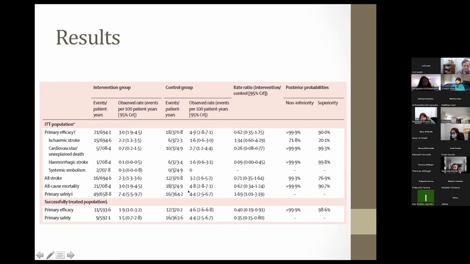But in the control group, it stays similar, from 4.4 to 4.4. So suddenly, when they only looked at the per protocol analysis, everything is hunky-dory. But this seems to be a far bigger safety concern when they looked at only the intervention group in the intent to treat analysis.